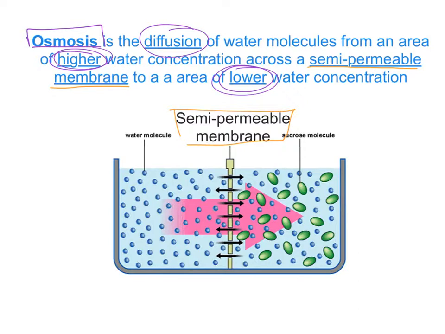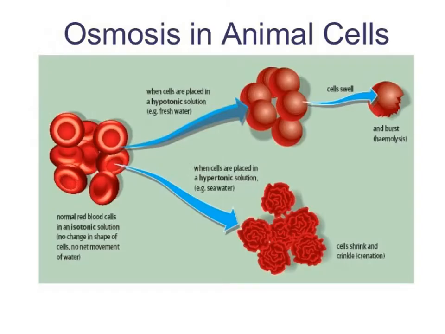What we need to do is put this in the context of cells. If we look at osmosis in animal cells, here we've got some red blood cells, and this diagram describes what happens when you put them in different types of solutions. So for example, if you put some red blood cells into fresh water, what we describe as a hypertonic, and we'll just talk about that in a second, these cells will swell up and eventually they will burst, just like balloons, because remember, an animal cell only has a membrane around the outside.